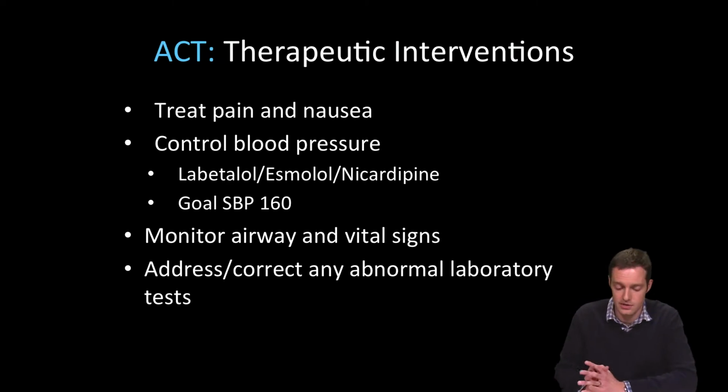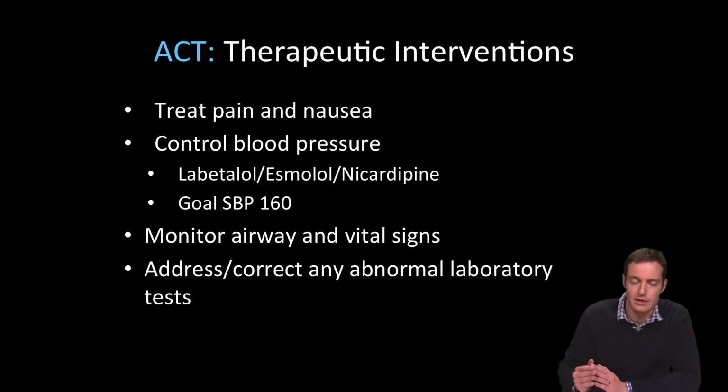The American Stroke Association stroke guidelines for hemorrhagic stroke do set a goal of systolic blood pressure of 160 millimeters of mercury. And again, we can use blood pressure control medications, including labetalol, esmolol, and nicardipine, to reach those goals.